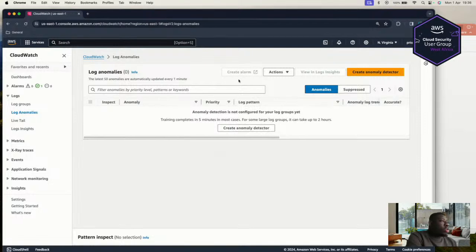So what would then happen is you select an anomaly, and then you can say, hey, anytime this anomaly comes up, I want a scenario such that an alarm is rung, or something goes off and lets you know, hey, we've seen this anomaly.